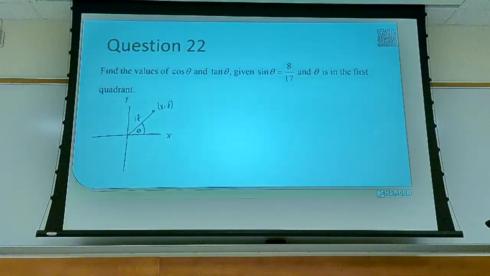The y coordinate of the point is 8. Find x. So what is 17 squared minus 8 squared?